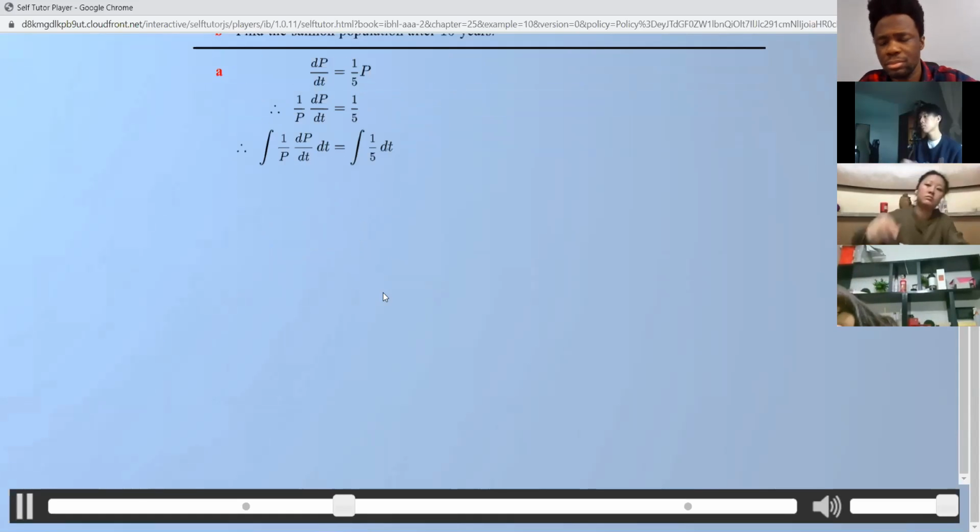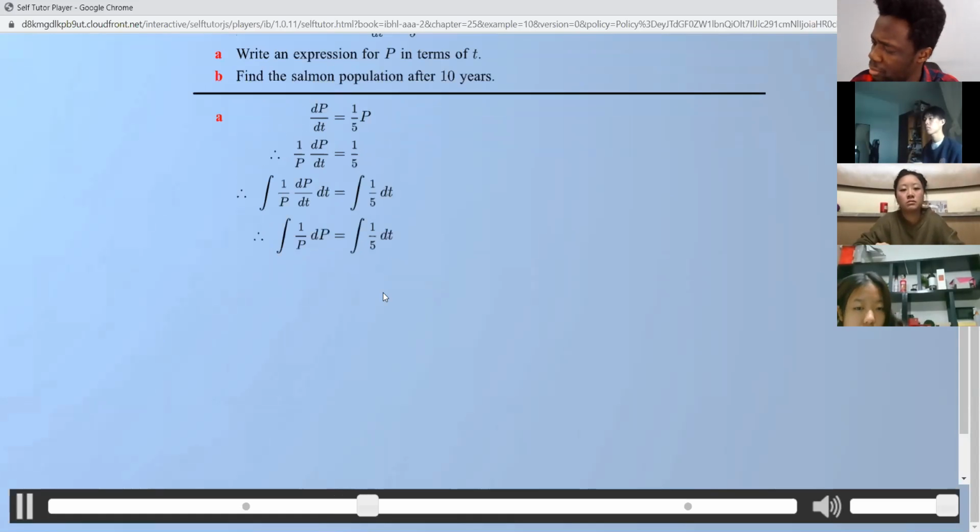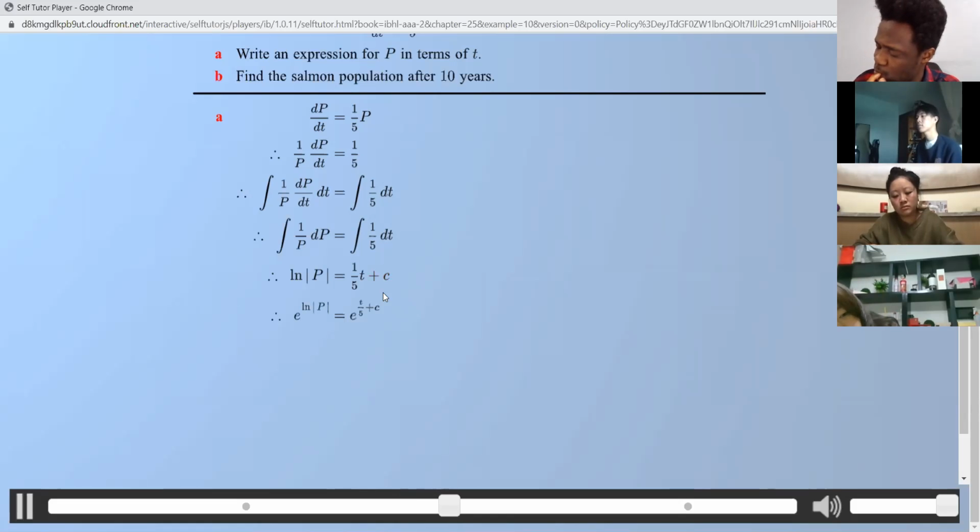Now integrate both sides with respect to t. Applying the chain rule, the integral on the left-hand side is now in terms of p only. We perform the integration on both sides, adding a constant of integration. Since the exponential function is 1 to 1, e to the left-hand side must equal e to the right-hand side.